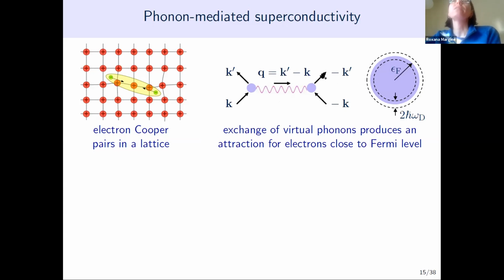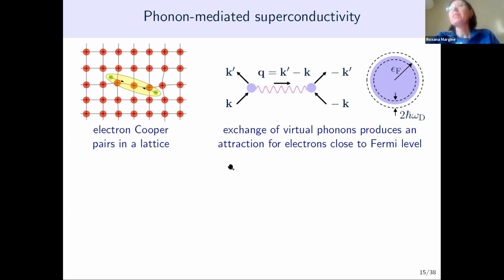So effectively, these two electrons scatter on each other by exchanging a phonon. In order for this scattering to take place, the latter states must be unoccupied, and this is only possible in the vicinity of the Fermi level.